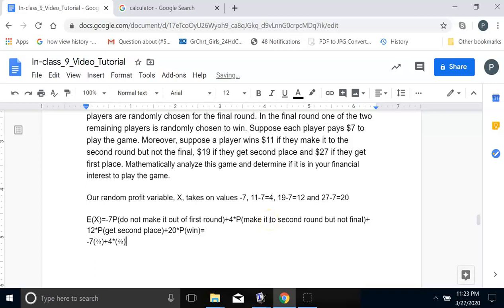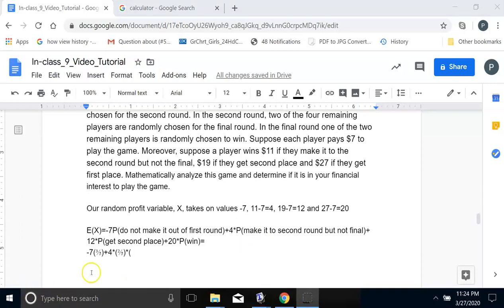You make it out of the first round, there's a 2 out of 5 chance, and you don't make it out of round 2. There are 4 people in round 2 and 2 make it out, so 2 people do not make it out of round 2, so it's 2 out of 4 here.